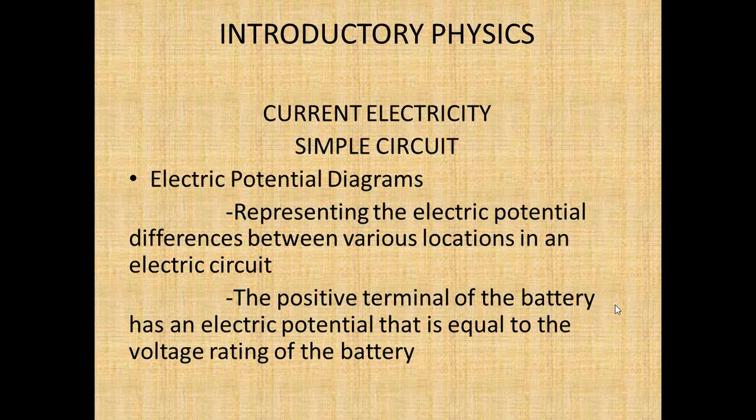For you to have a circuit, you have to have a complete loop, a closed loop of, say, wires, and you need an energy source, a battery. The battery has a high potential terminal and a low potential terminal.